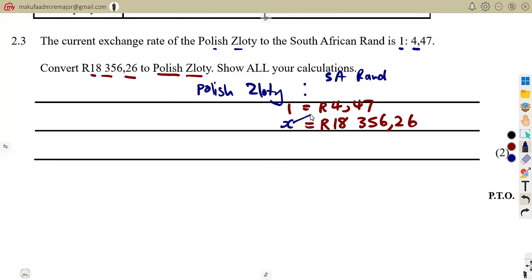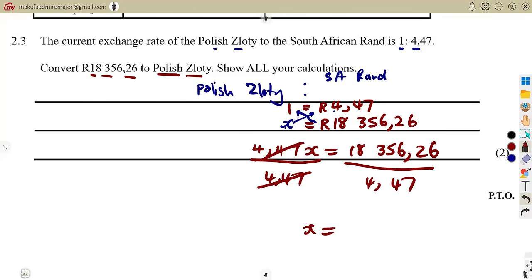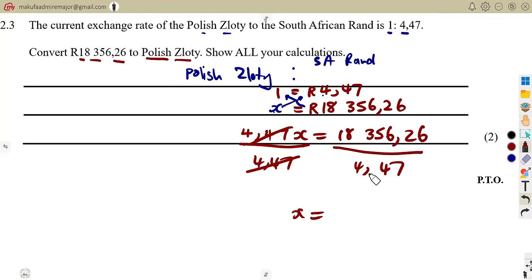So you can just find X, guys. Remember, cross multiplication. It's X times 4,47 is equal to 1 multiplied by the 18,356,26. We want to find X, so we're going to divide by 4,47.